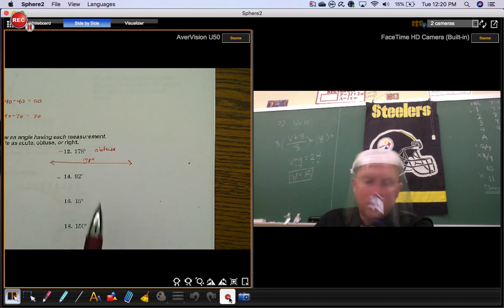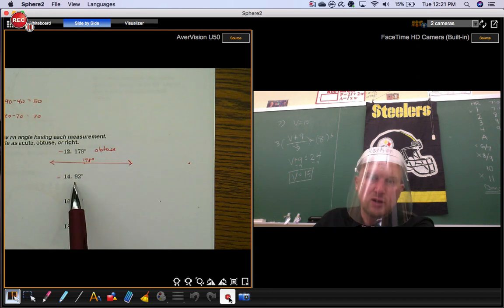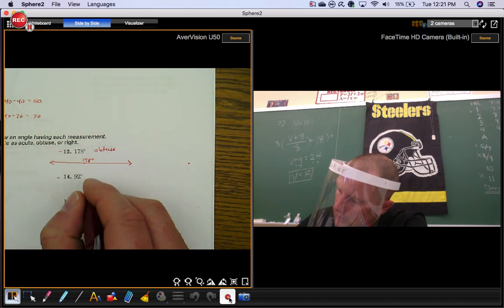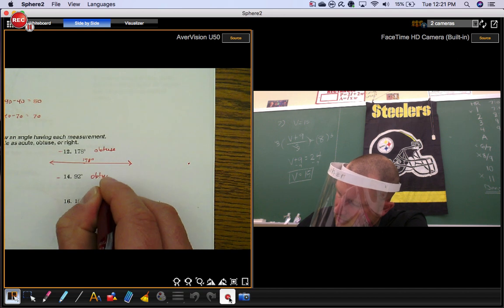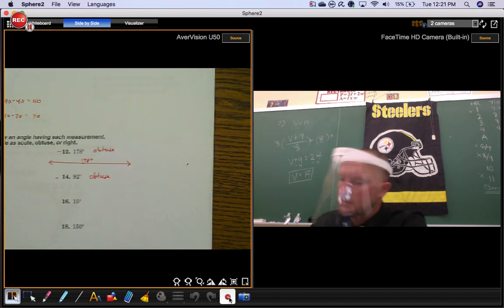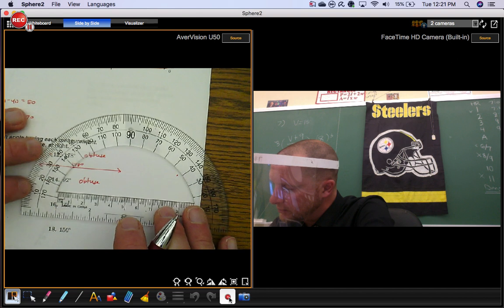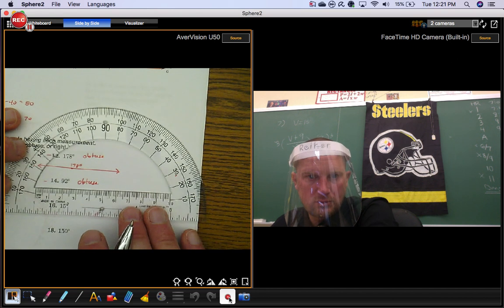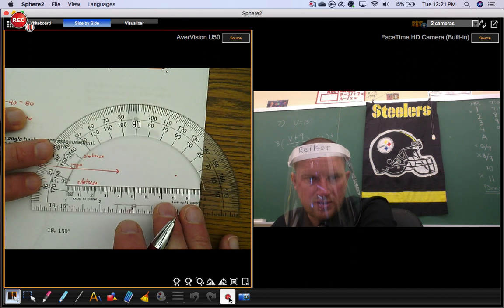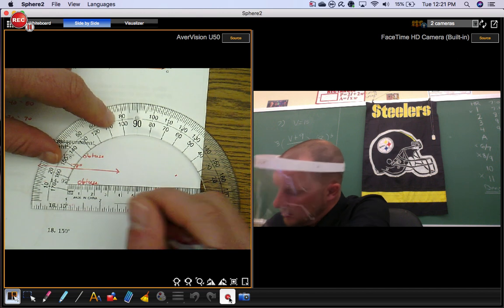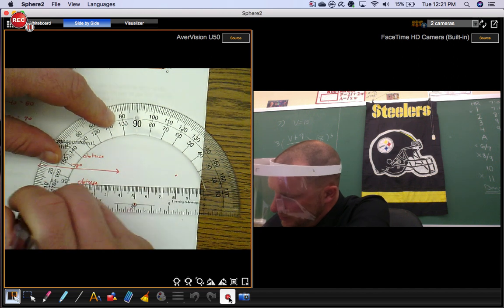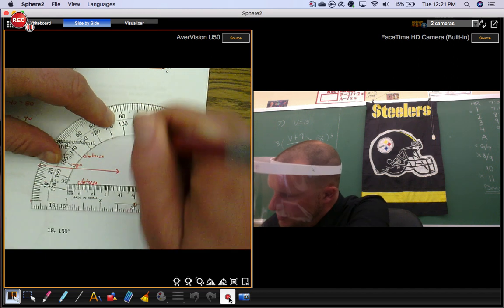Number 14, from a distance, this angle is going to look like a right angle. But again, it's going to be obtuse. I'll use the scale on the left this time since I'm kind of off the paper on the other side. There's my 0.